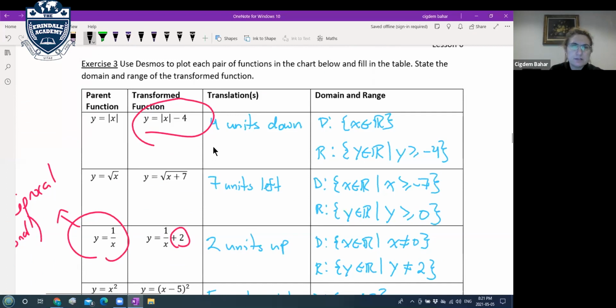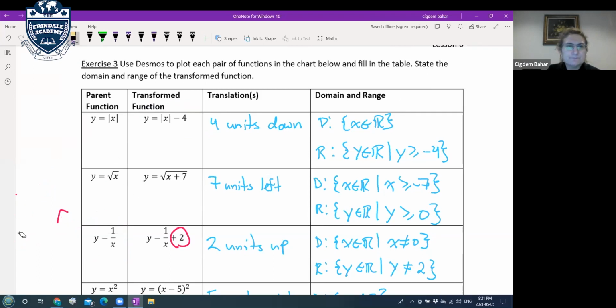Okay, let's see this. Exercise: use Desmos to plot each pair of functions in the chart below and fill in the table. This is a square root, absolute value function. So what kind of function is this? What is absolute value?